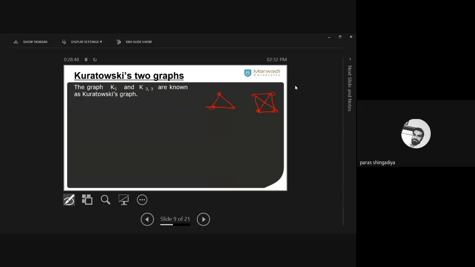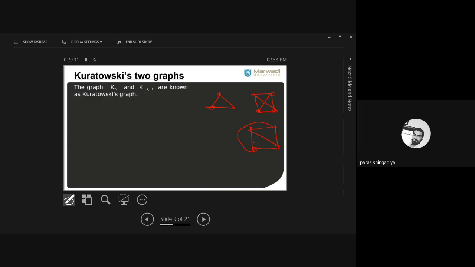There is no edge that intersects. This first is the K3 graph, a complete graph with 3 vertices. The second graph is K4. Now it looks non-planar, but we can easily embed it. Embedding is possible for K4, and we can easily make it a planar form. That is now the planar form of K4.